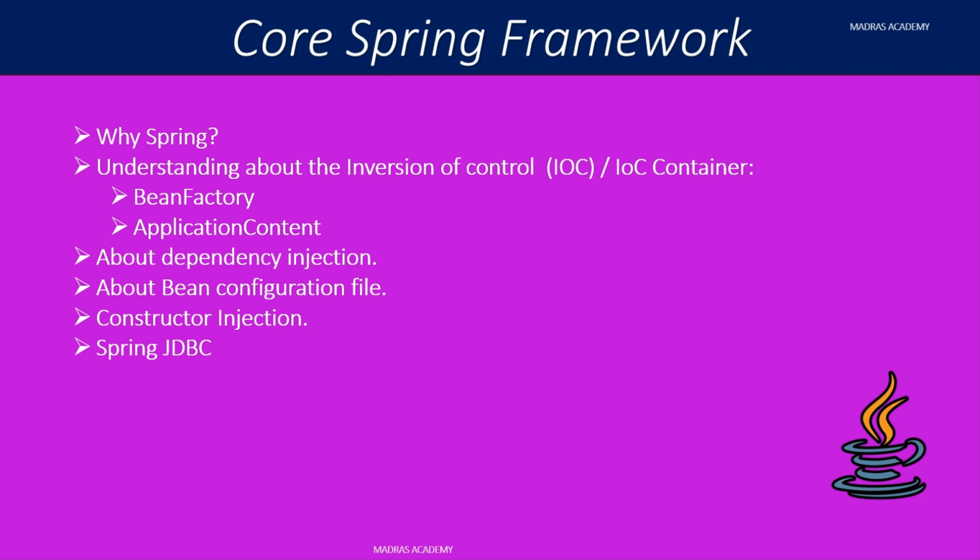And about dependency injection and the bean configuration file, as well as how to use constructor injection, and how to create the JDBC concept. These are all the topics we are going to do in a practical session in the core Spring framework.